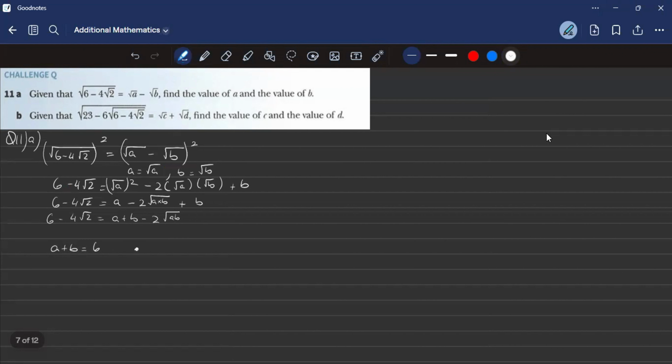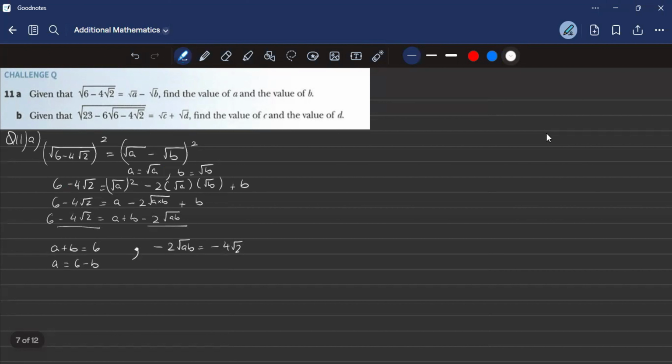And then we can make the second equation out of this, that negative 4 under root 2 is here, negative 2 under root ab. So we see there's a common thing here, which is under root. So we can say negative 2 under root ab is supposed to be equals to negative 4 under root 2, and that's completing our equation. And by solving this up, we can find that a is equals to 6 minus b.